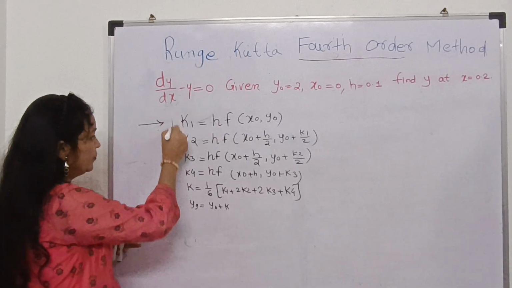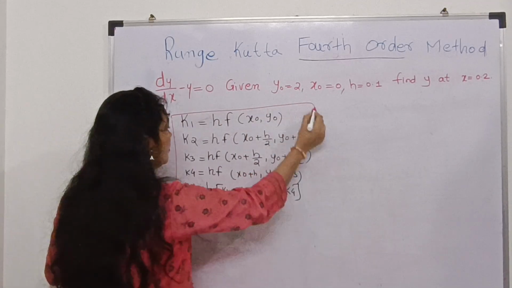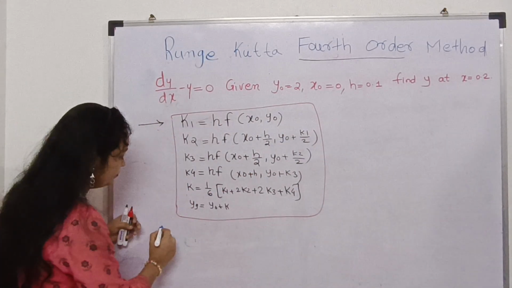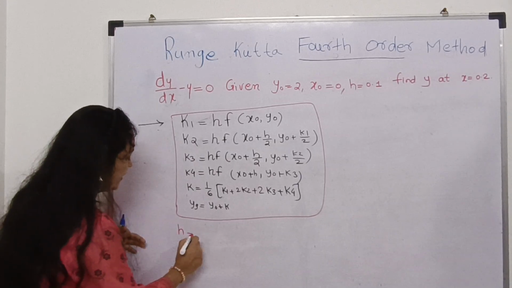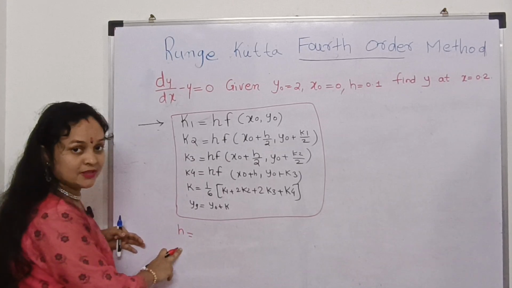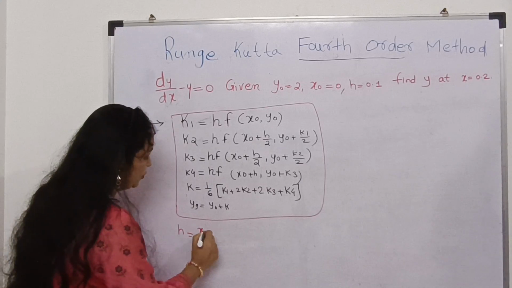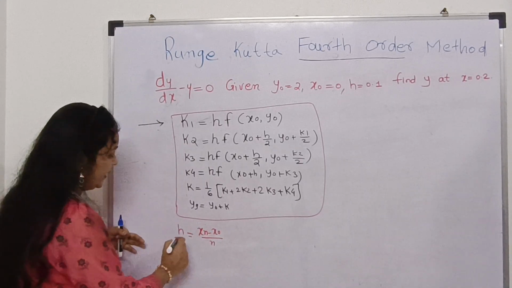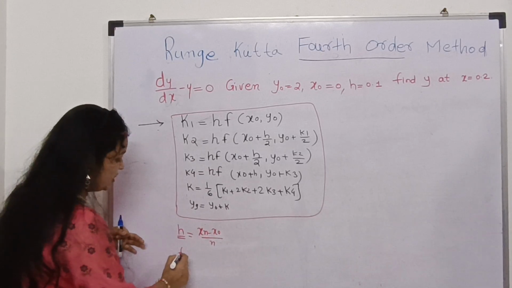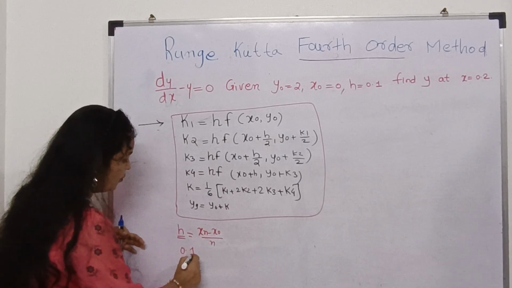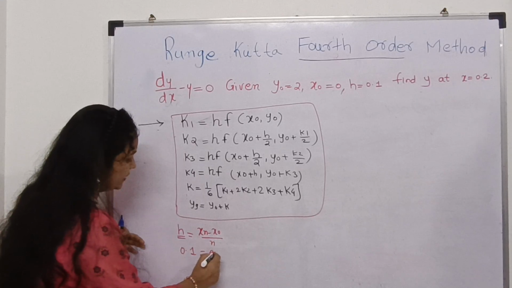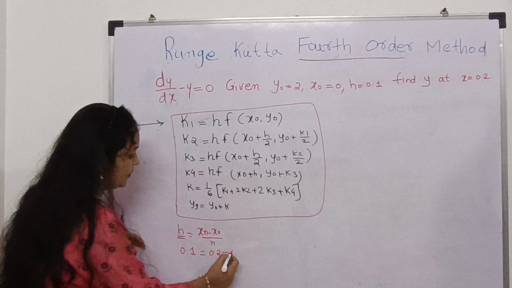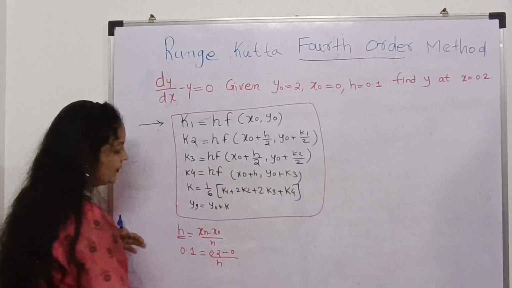So let us start with this numerical. Firstly, h is called the step size. So h is equal to xn minus x0 by n. The h is already mentioned, that is 0.1, xn is given as 0.2 and x0 is 0, and you are supposed to calculate n.